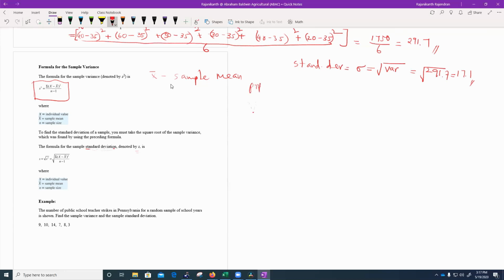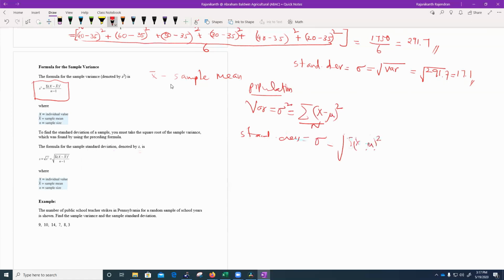So in summary, let me write down here. For the population, the variance is given by sigma squared. The formula is the summation of x minus mu squared over big N. For the standard deviation of the population, we use sigma. It is simply the square root of your variance answer.